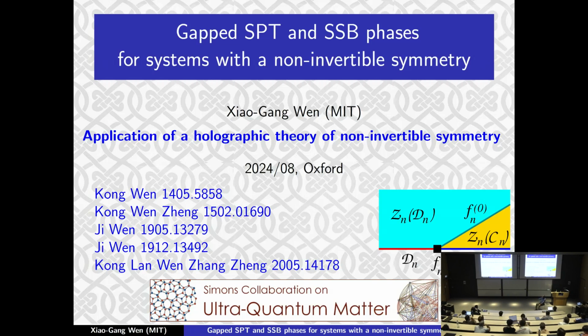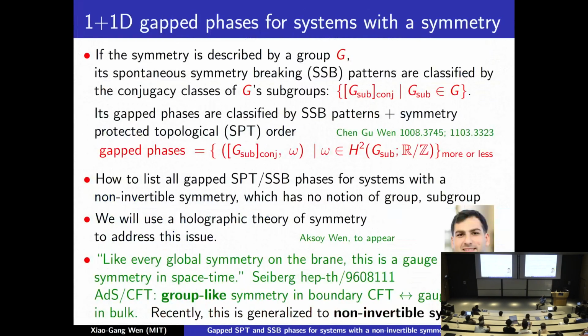Today I'm going to talk about this gapped phase for the system with non-invertible symmetry. So the issue is that when the symmetry is described by a group, we know how to classify different symmetry breaking phases, basically given by the subgroup of this symmetry group.